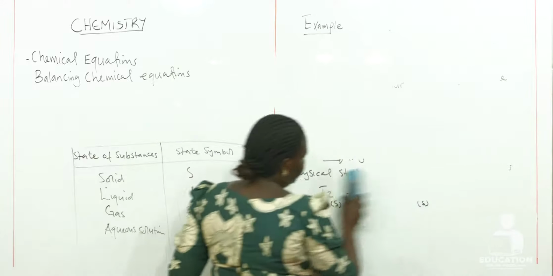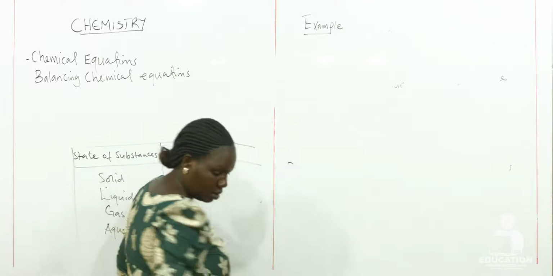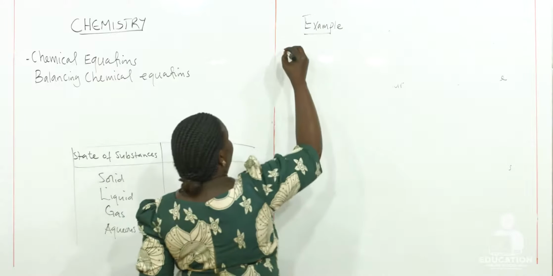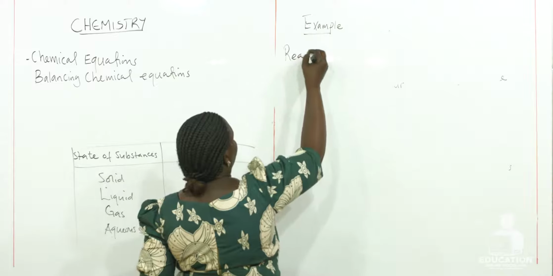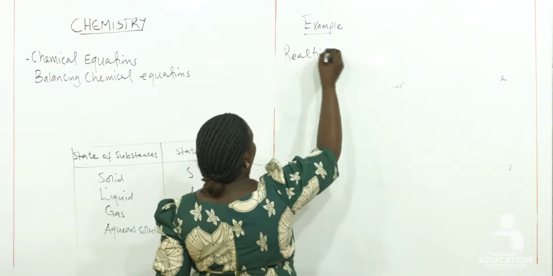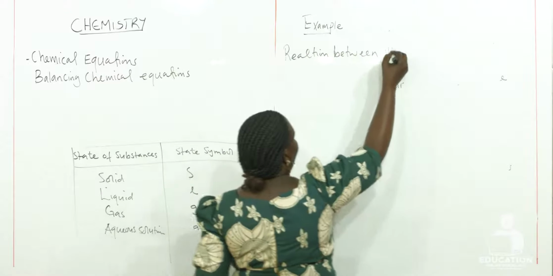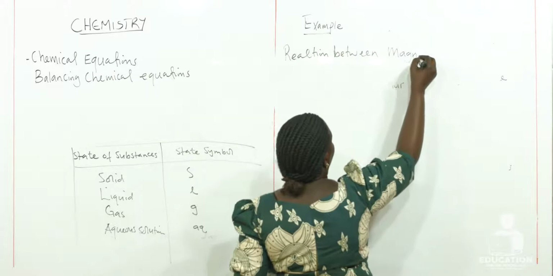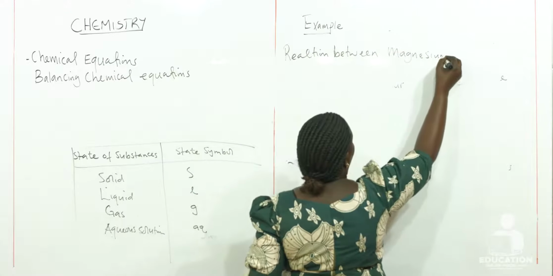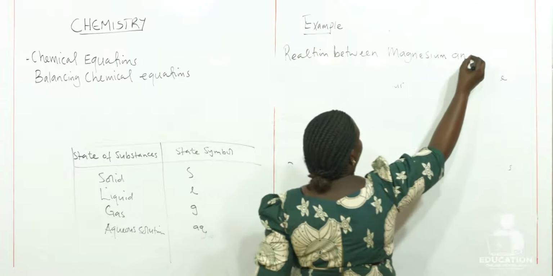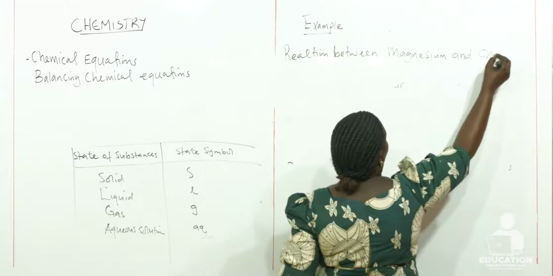Example 2. We have a reaction between magnesium and oxygen.